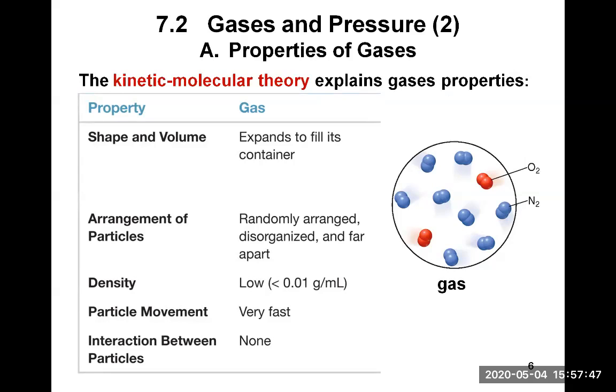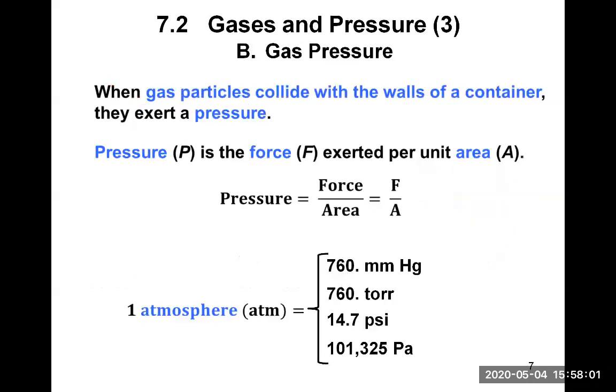The kinetic molecular theory explains that particles of gases are moving very fast, and that there are no interactions between the particles. When we talk about a gas, we need to talk about its property of pressure.